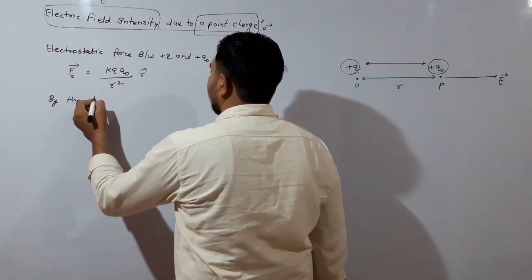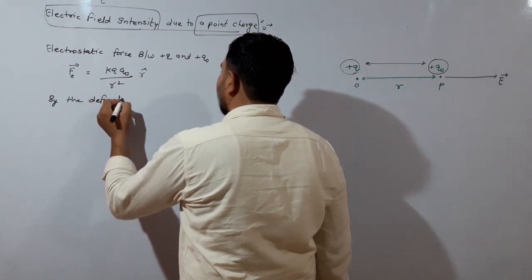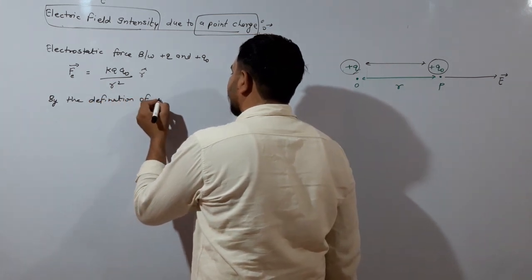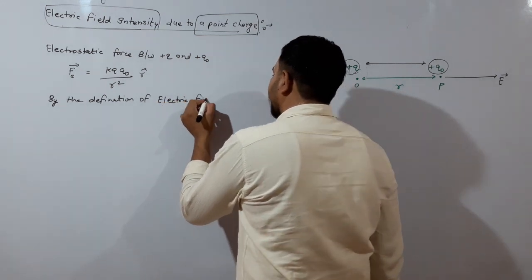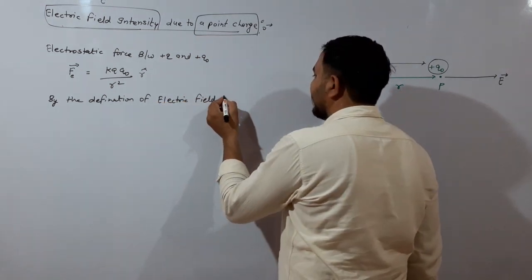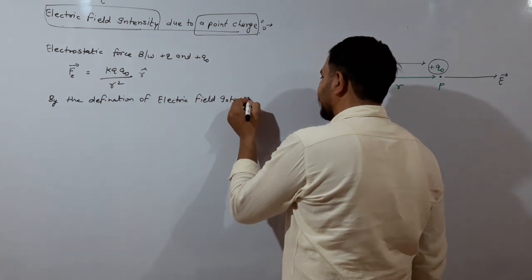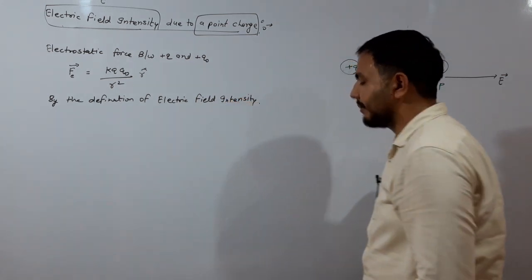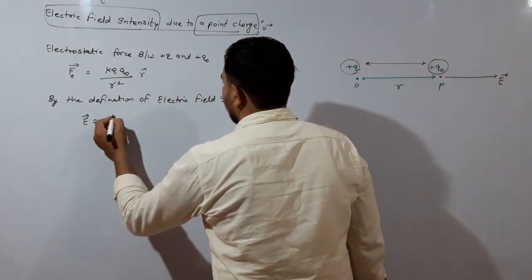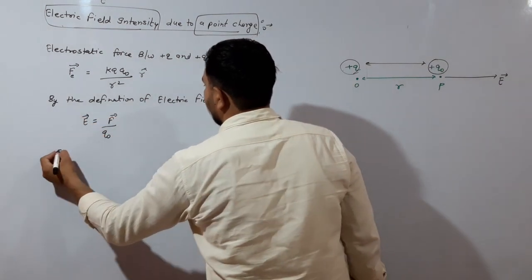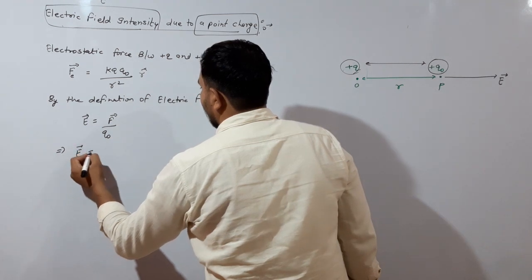By the definition of electric field or electric field intensity. Clear? Definition: E vector is equal to F vector upon Q naught.